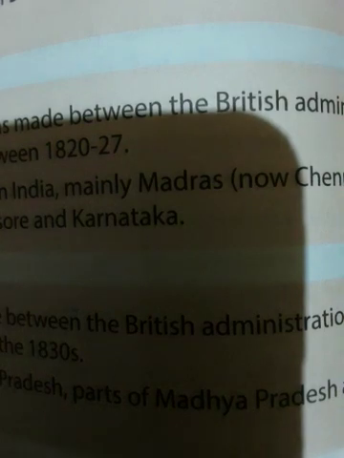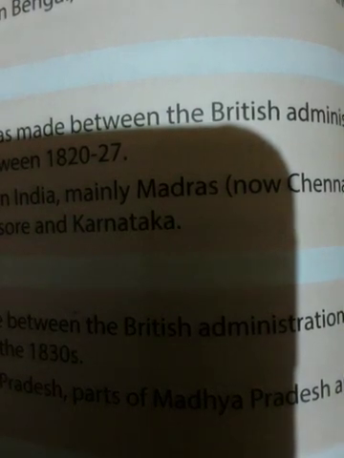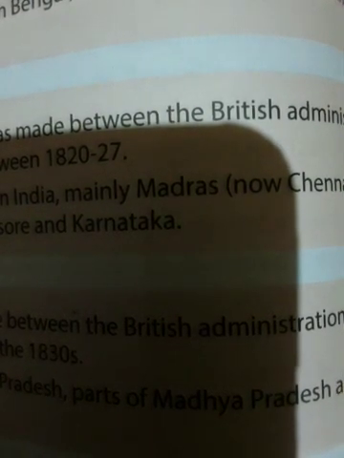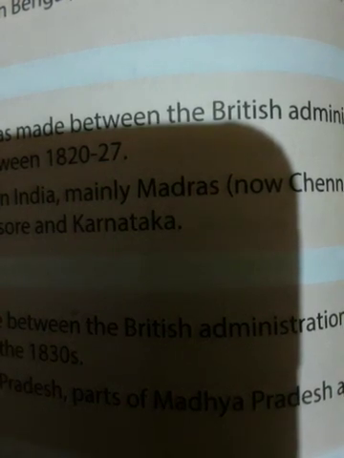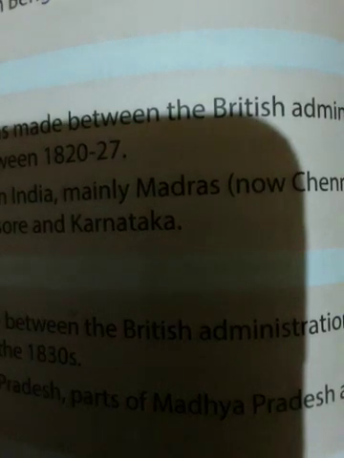Under this system, the auctioning of land, the Izaredari system introduced by Murshid Quli Khan in Bengal, came to an end.